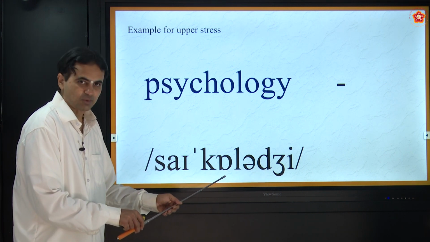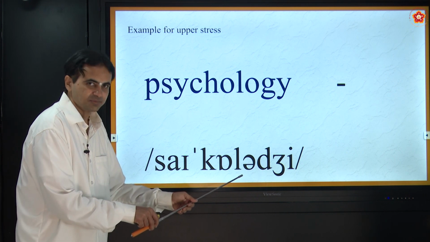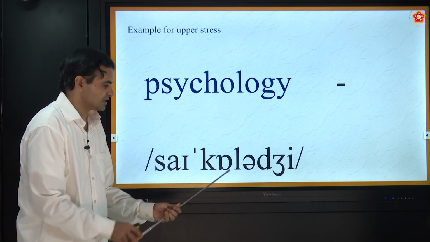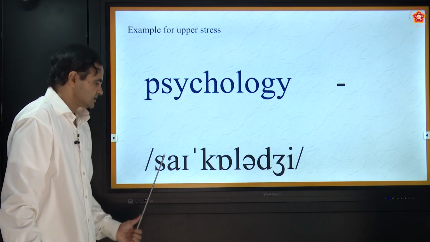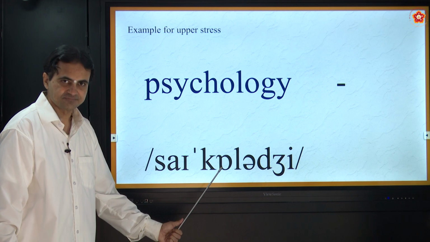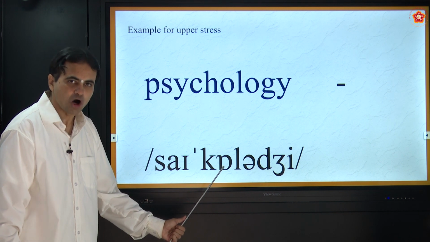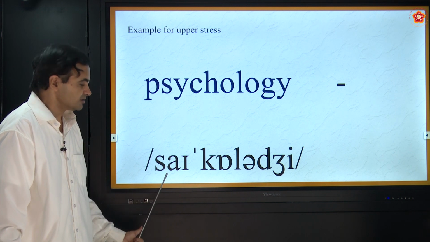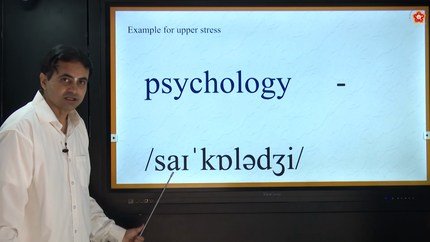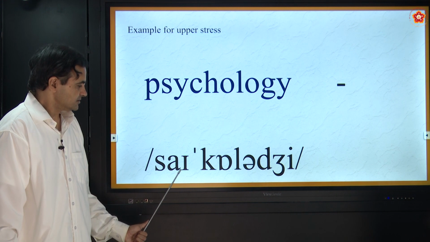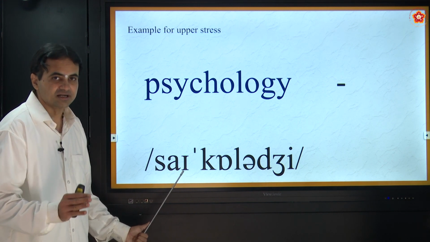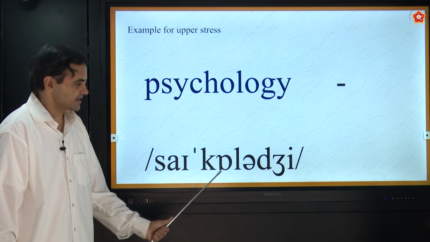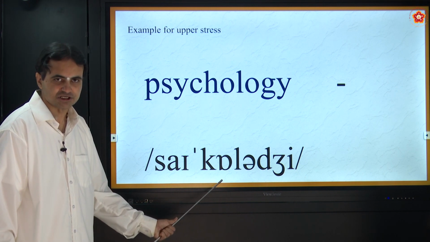So, ka is one syllable, l is another syllable, and g is another syllable. So we pronounce this as psychology. This need not be pronounced clearly, it can be feeble. Psychology.